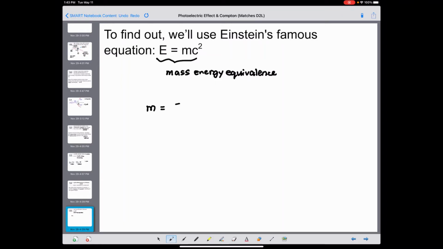So if I rearrange for mass, it's going to be E over c squared. If I take the photon's energy and I divide it by the speed of light squared, the photon behaves as if it has that mass there. Now, don't use this equation in Physics 30 for anything other than trying to convert between energy and mass.